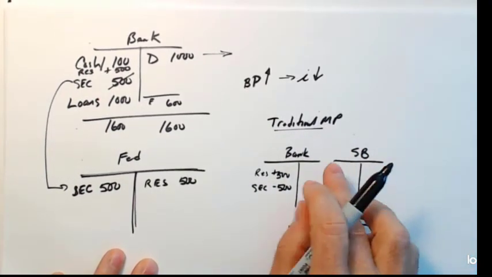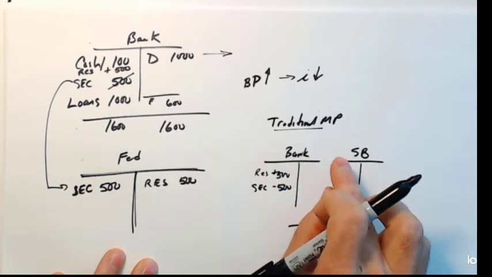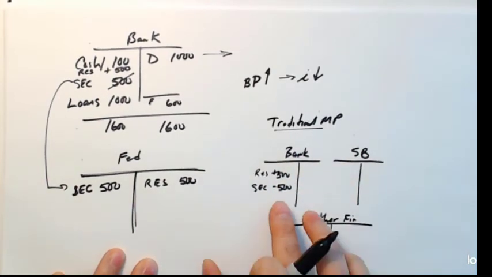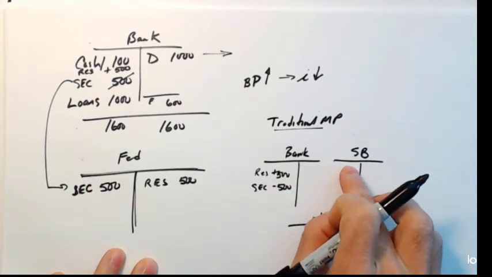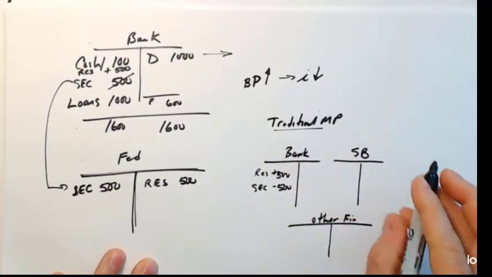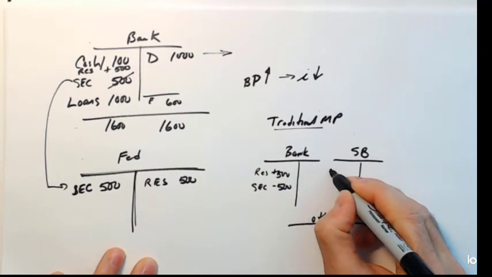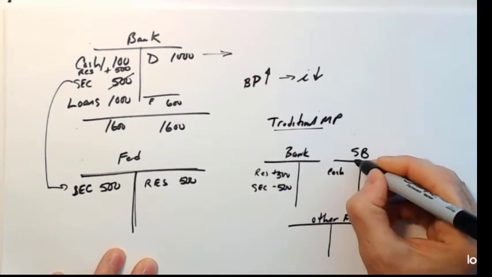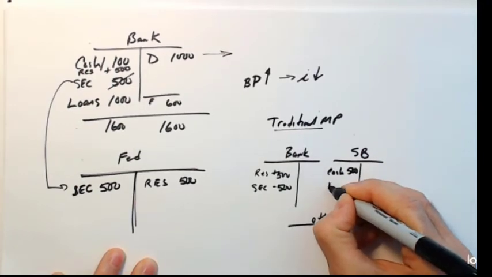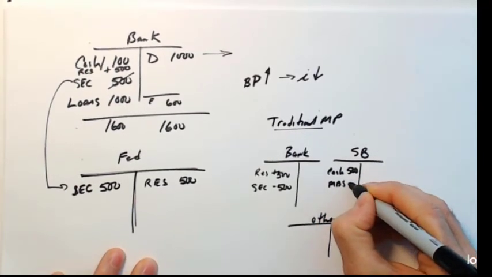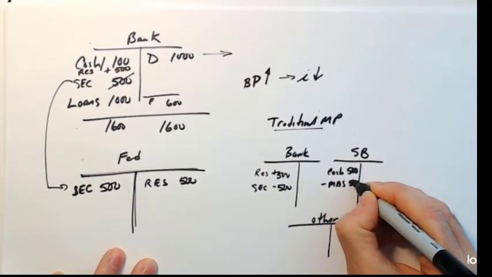So the Fed went out of its normal routine of dealing with banks and actually dealt with shadow banks. And so what it did was it gave cash to shadow banks for their securities, their mortgage-backed securities, for example. So those mortgage-backed securities dropped off.